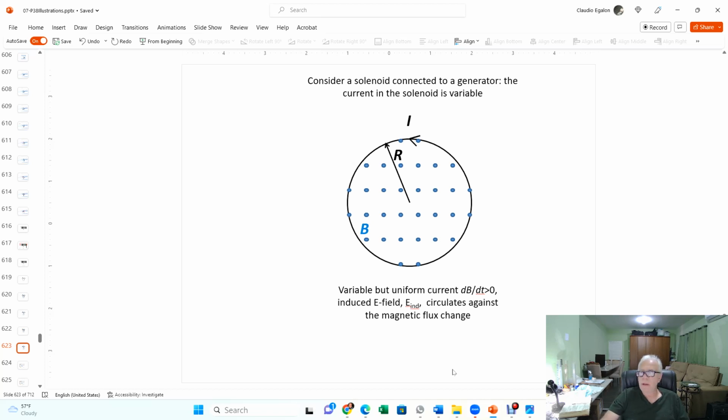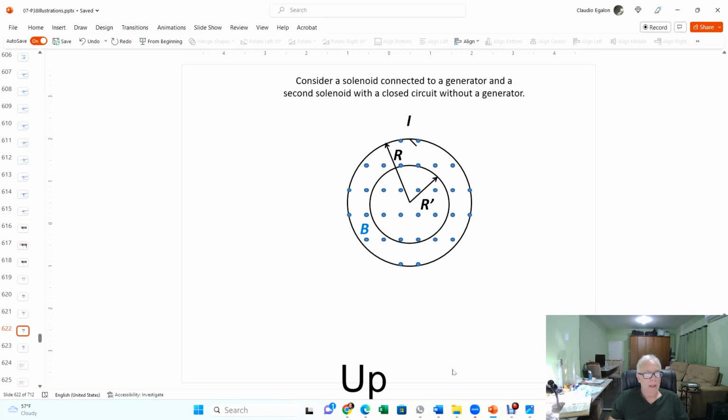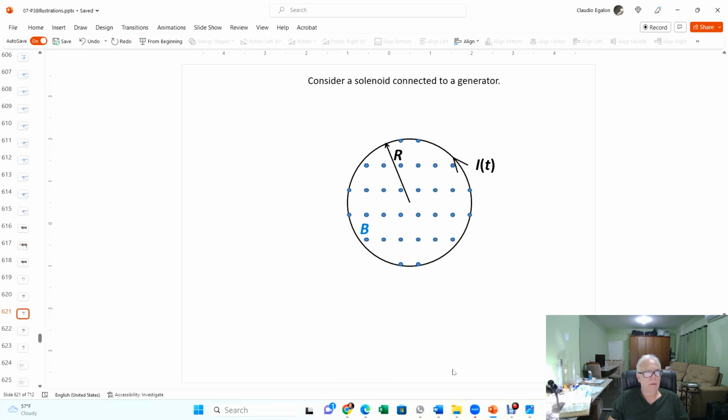The single solenoid has a current that's changing in time, and a magnetic field that's changing in time, and because it has a magnetic field that changes in time, it will affect its own original current. It's going to induce a current on itself. That's why we call it self-inductance.